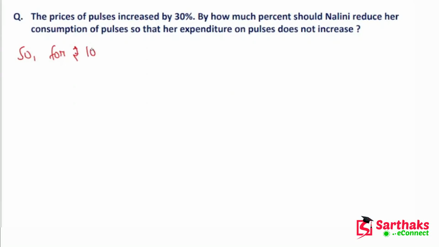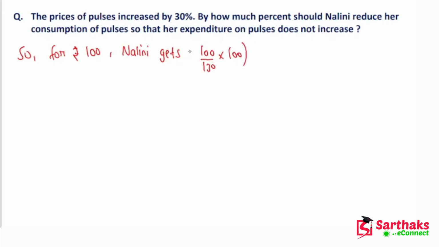So for rupees 100, Nalini gets, we were getting 100 upon 130 kg pulses for 1 rupee, so we'll multiply by 100.